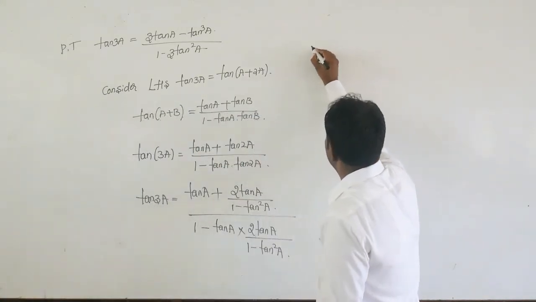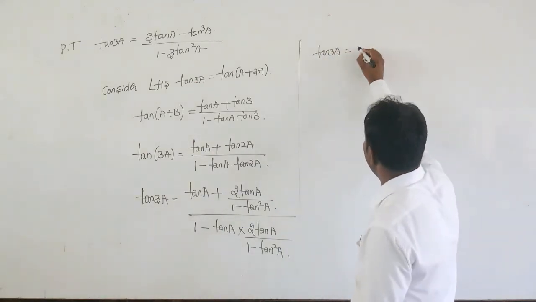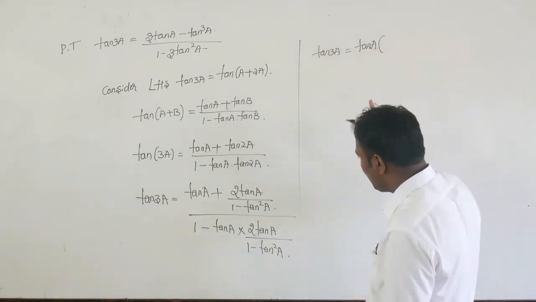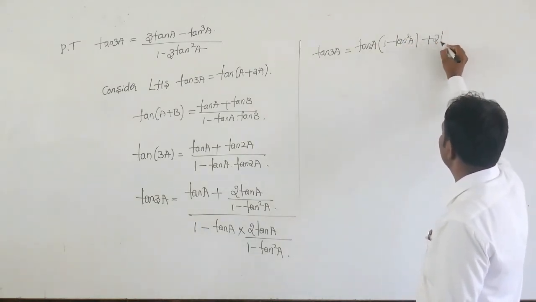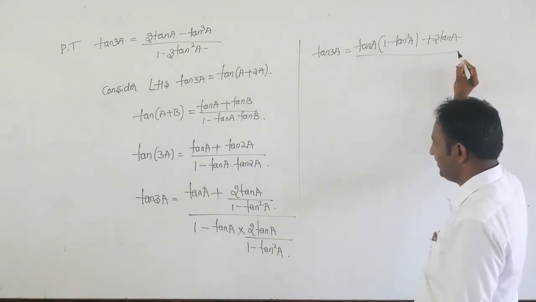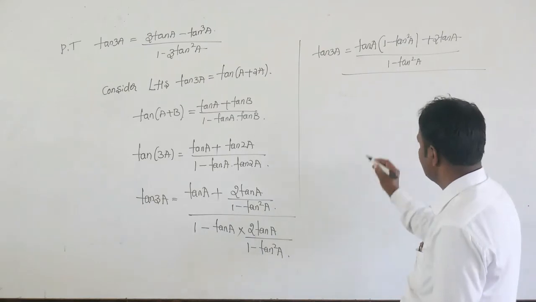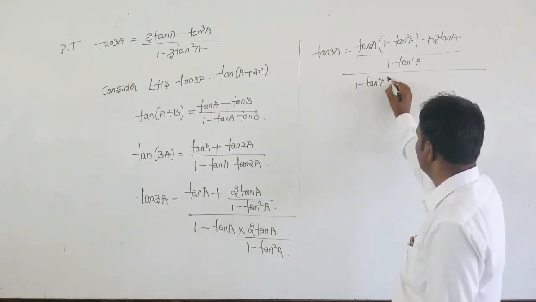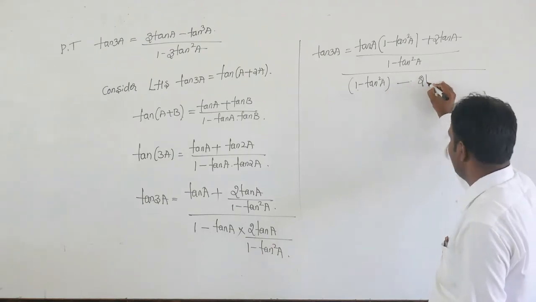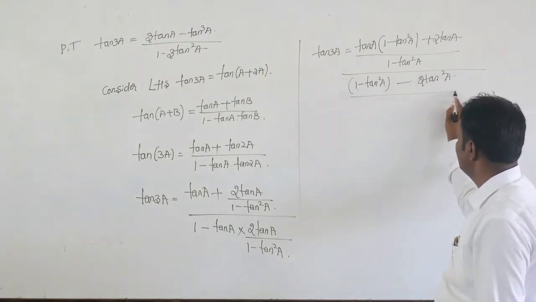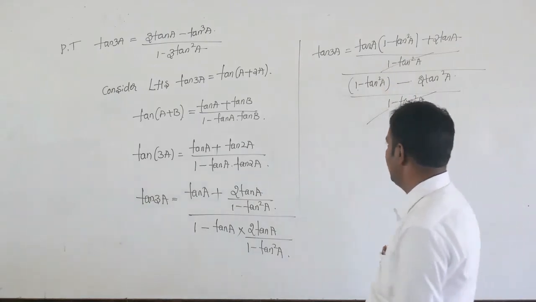Take LCM. Here tan of 3A is equal to tan A into 1 minus tan square A plus 2 tan A, divided by 1 minus tan square A, whole divided by 1 minus tan square A minus tan A into 2 tan A, which is 2 tan square A, divided by 1 minus tan square A. The 1 minus tan square A terms get cancelled.